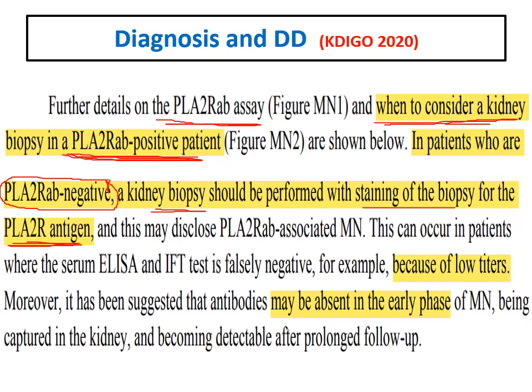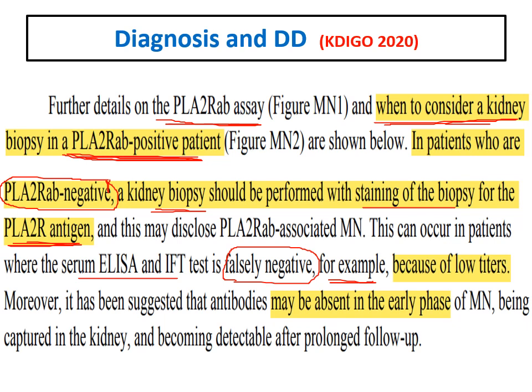This is because there might be positive staining in the biopsy with negative serology, when the ELISA and the immune fluorescence technique are falsely negative. What are the causes of having negative serology with positive staining for the phospholipase A2 receptor in the biopsy?